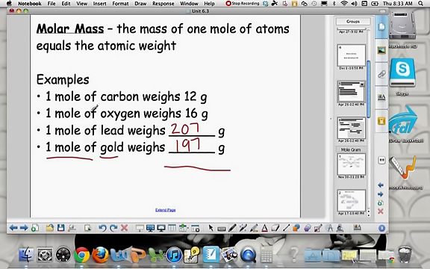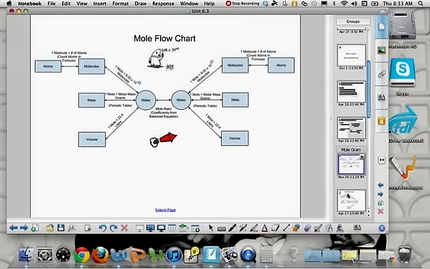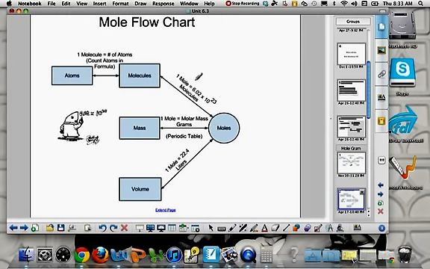So it's a pretty simple way to look this up, but the difference between what we did last time and what we're doing this time with mass is that you actually have to look up this conversion factor. These are the conversion factors that we're going to use. A mole is going to be equal to the mass from the periodic table. You're going to have to look up that conversion factor every time you do these problems, as opposed to last time, when you already knew our conversion was right here. 1 mole was always equal to the same amount, 6.02 times 10 to the 23rd.